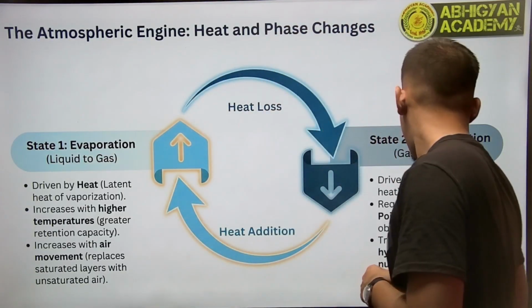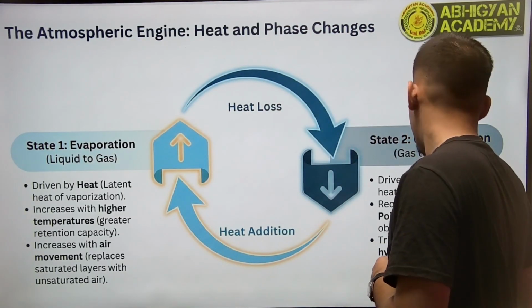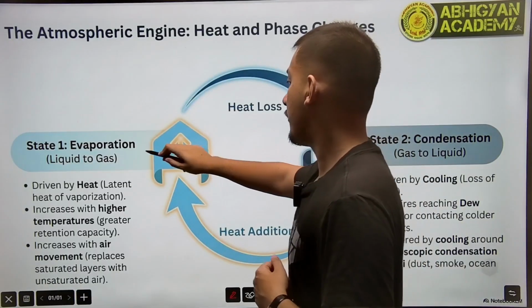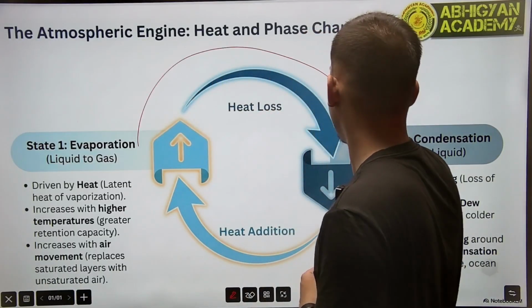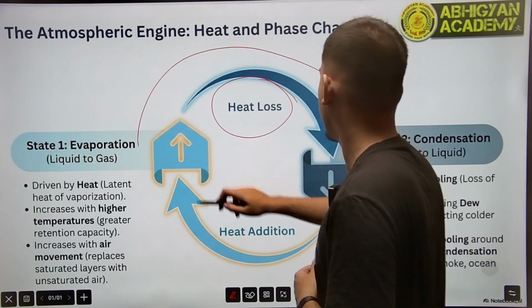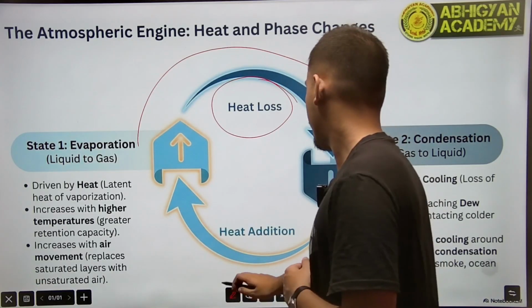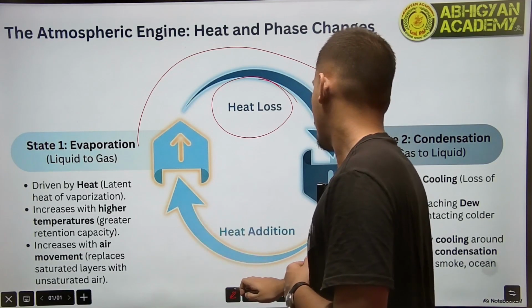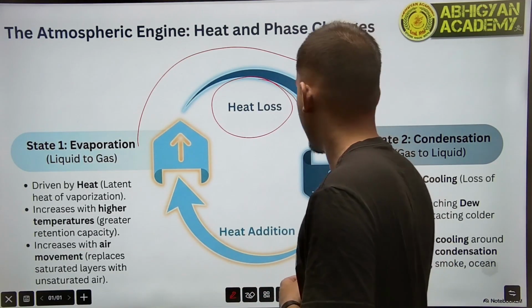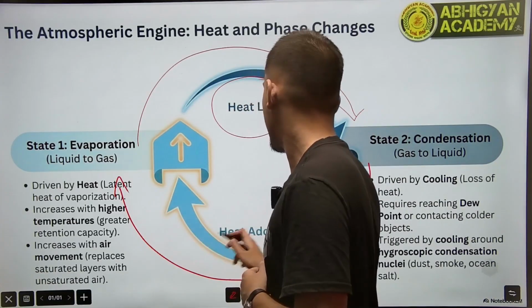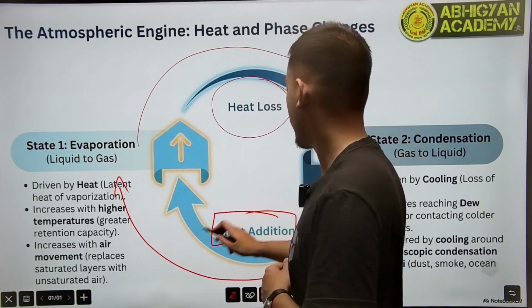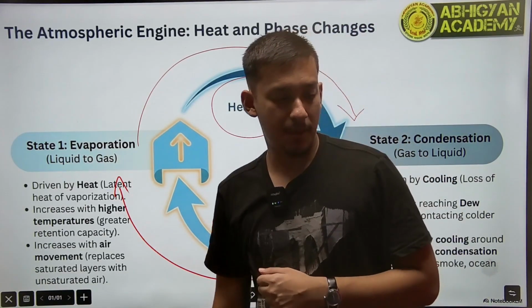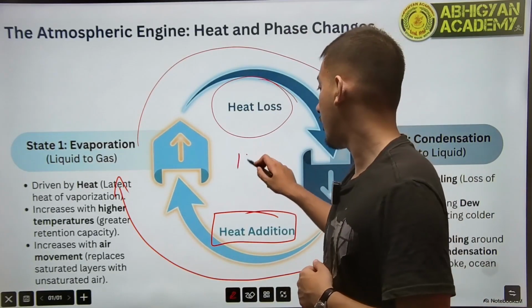So this is a very important diagram. You all can pay attention. From evaporation to condensation, we have heat loss, and from condensation to evaporation, we have heat addition, right? This is very important from your exam's point of view.